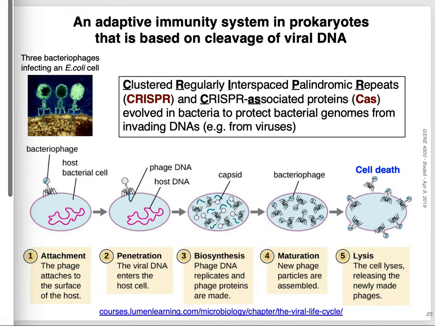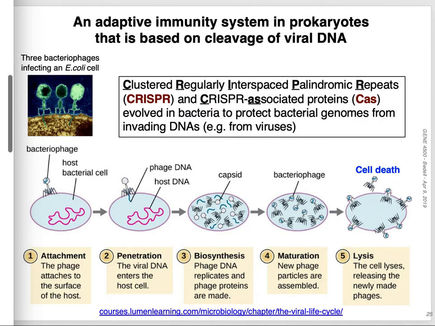And because of this CRISPR adaptive immunity, what that DNA from the virus does is just get chopped up into small pieces instead of being able to express the viral genes and take over the cell. So it's really cool. Now, this adaptive immunity system doesn't have anything to do with the immune system of vertebrates, right?